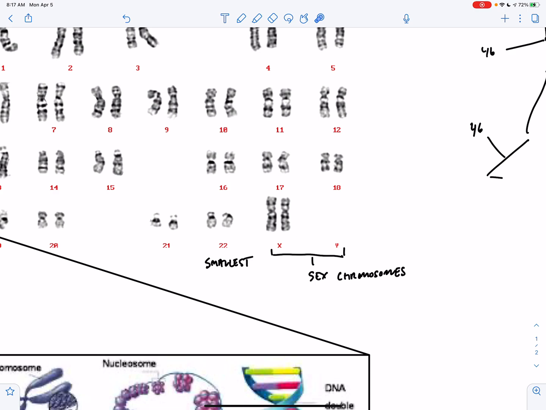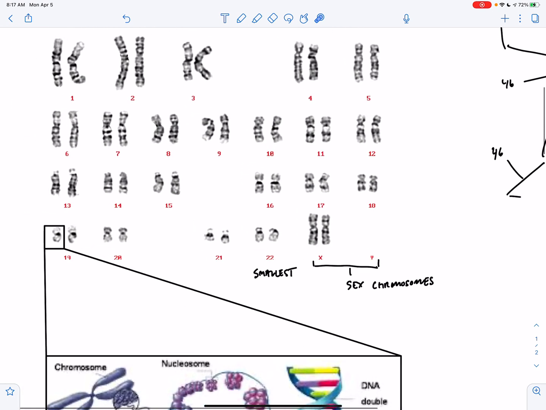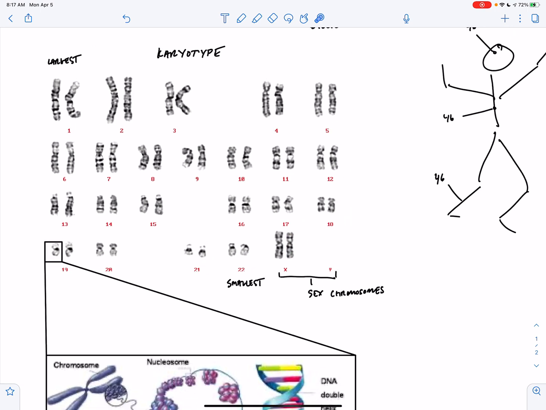You can have a whole array of different secondary sex characteristics that is genetically encoded depending on the types of chromosomes that you have in this set here. But more on that later. The sex of this person is female because they have two X chromosomes.